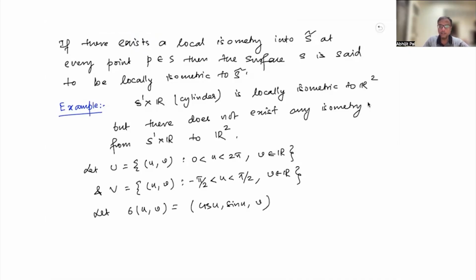So this cylinder can be covered by two surface patches. S1 cross R is equal to sigma(U) union sigma(Ũ). So sigma of U is an open subset of S1 cross R.